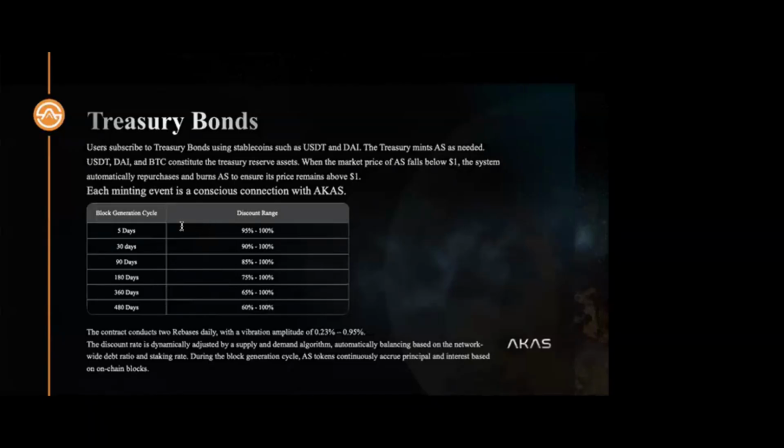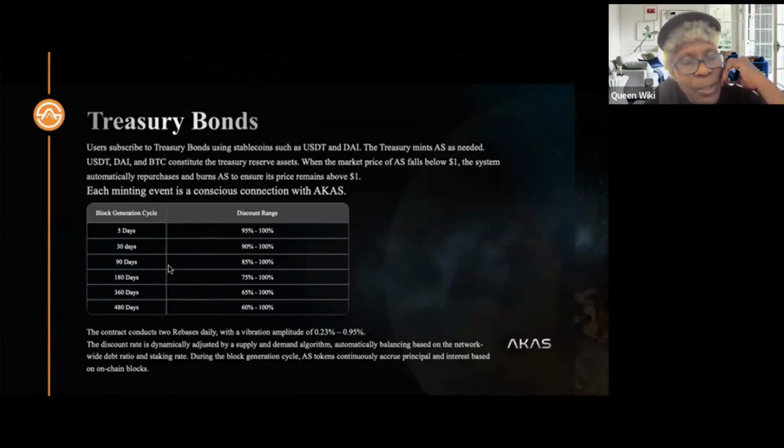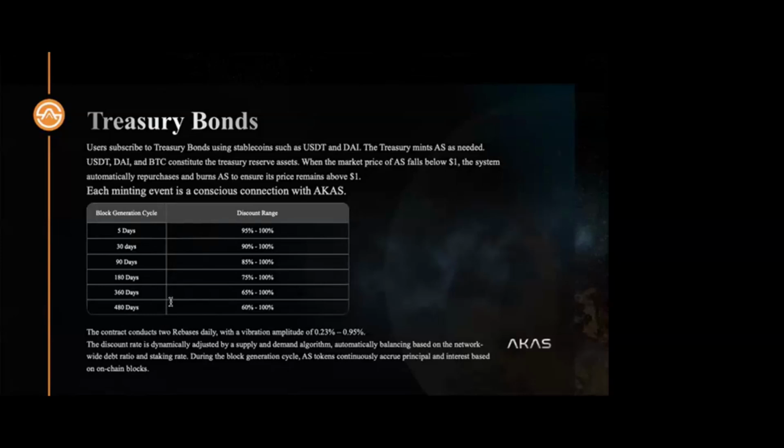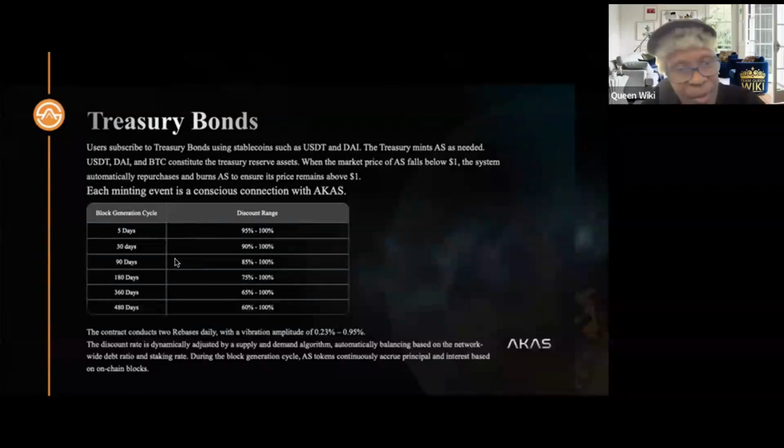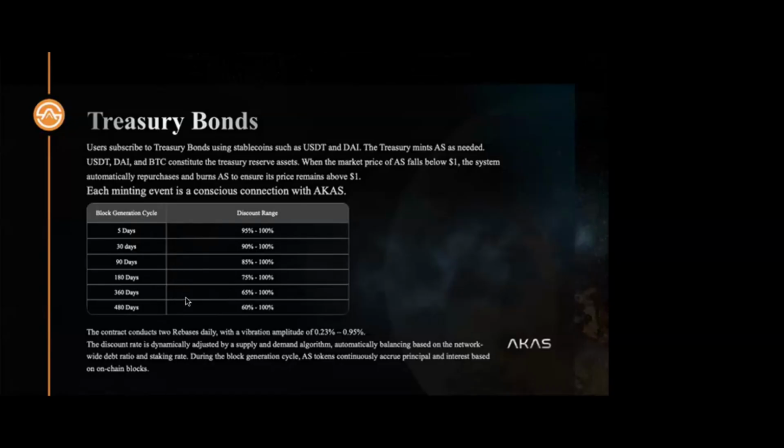From here, for 5 to 480 days, the discount rate is from 0% to a maximum of 40%. It's floating, 0 to 40%. That's why you got the 60%.